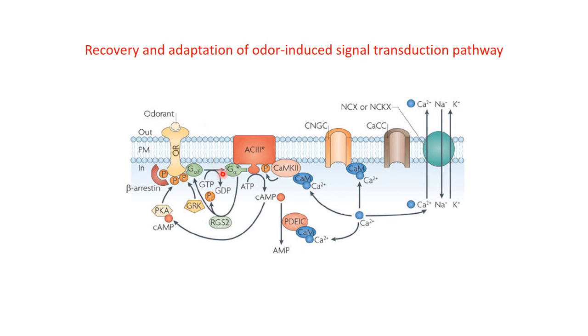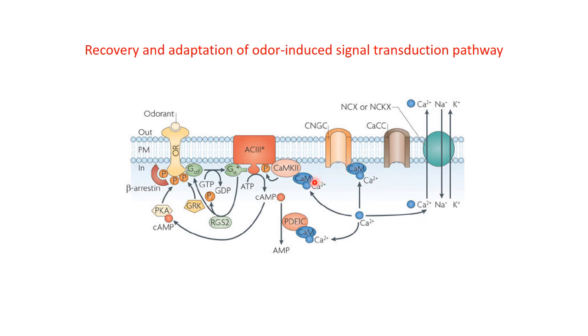And notice here that this diagram now shows in a little more detail the presence of this molecule called calmodulin. So when calcium enters the cells via the cyclic nucleotide-gated channels, calcium can bind to calmodulin, and calcium-calmodulin can bind the cyclic nucleotide-gated channels.